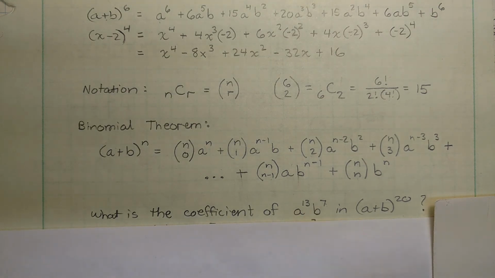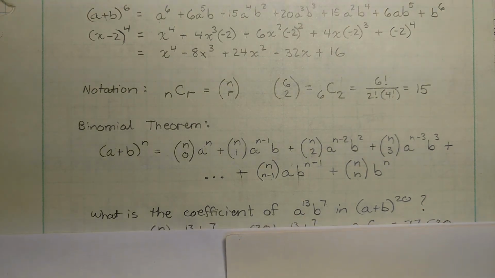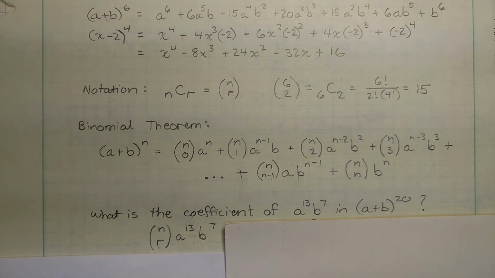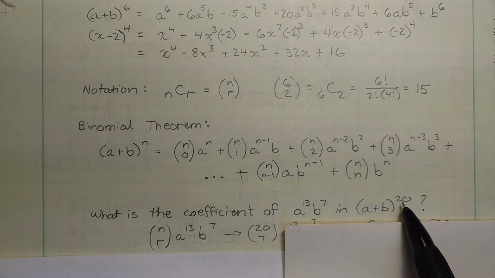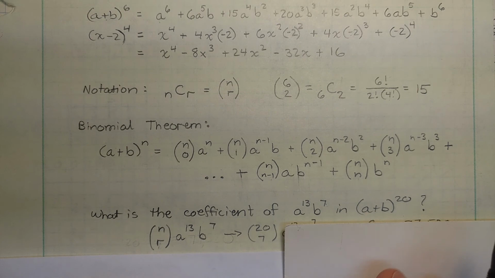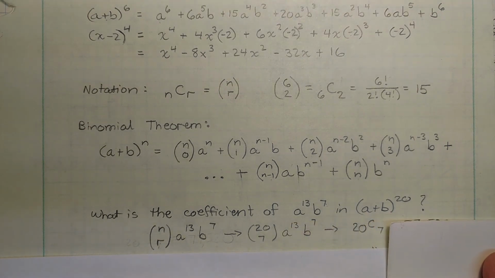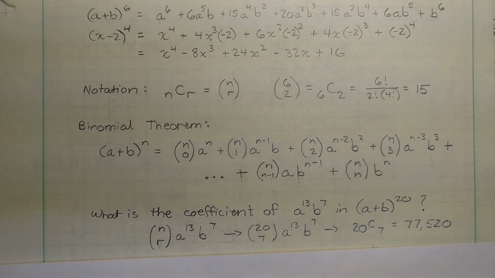If you forget and you accidentally use 13, it works just the same, so it doesn't matter. So I know it's nCr, a to the 13th, b to the 7th, so that means n is going to be 20. That's always the power up here. And the r is the power of b, so we get 20C7. That's something I wouldn't expect you to do without a calculator. Anything that big you would use a calculator for. And we get 77,520.